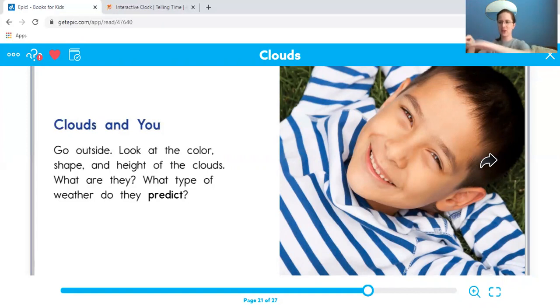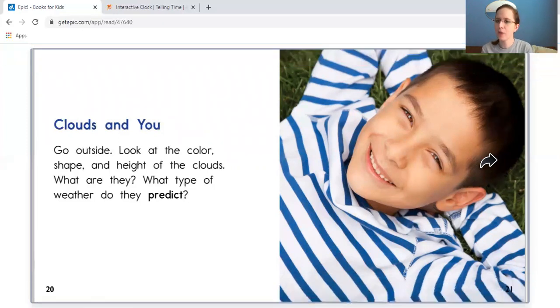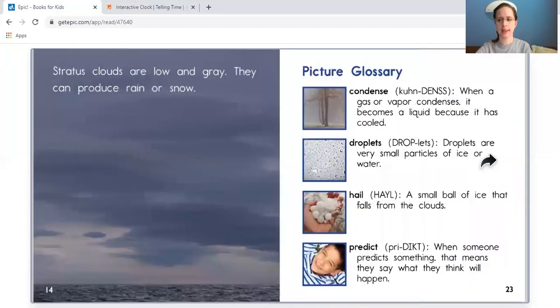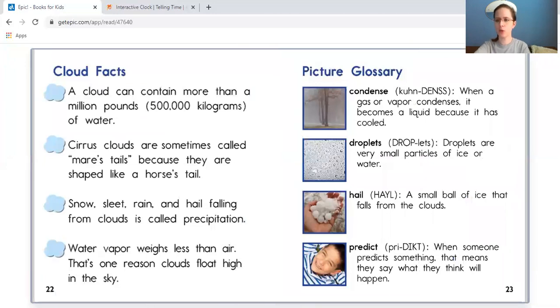Cumulus clouds or stratus clouds, the ones that look like a blanket. So try and find out this week, and then let me know if you're able to. When we meet again on Wednesday, let me know if you're able to figure out what type of clouds you saw outside.